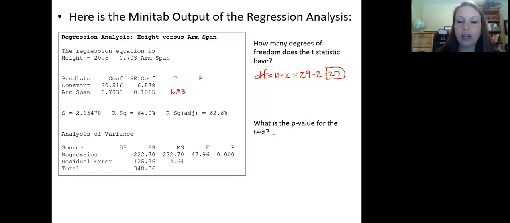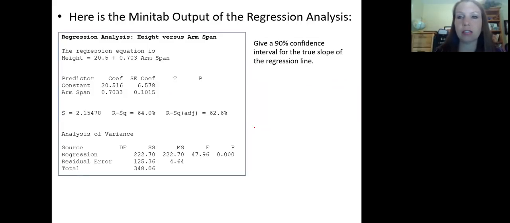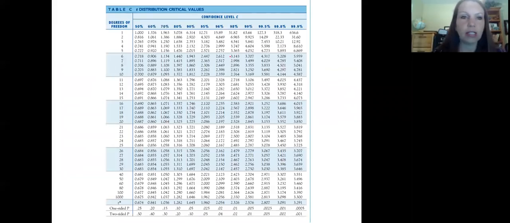And finally, what's the p-value for this test? Well, this is a t test statistic, which means we're going to use Table C, our t-distribution table, to help us find the p-value. Here's my table. I'm looking at the line for 27 degrees of freedom, and I want to see where 6.93 would fall.